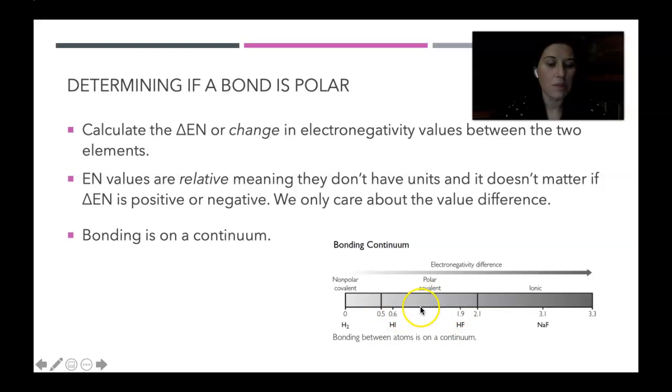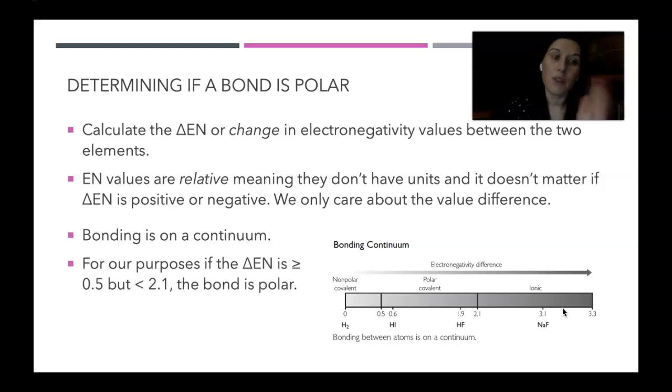These are values between 0.5 and 2.1. And values above 2.1 get us into the ionic range, where the electrons in the bond are no longer being shared at all. They're completely pulled over to the nonmetal from the metal.